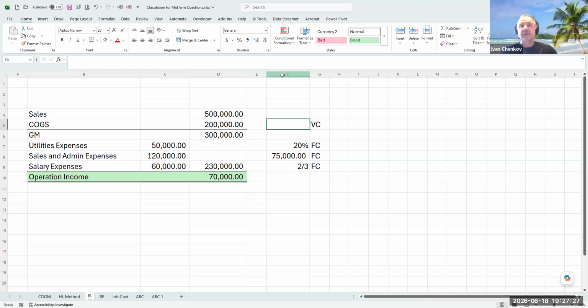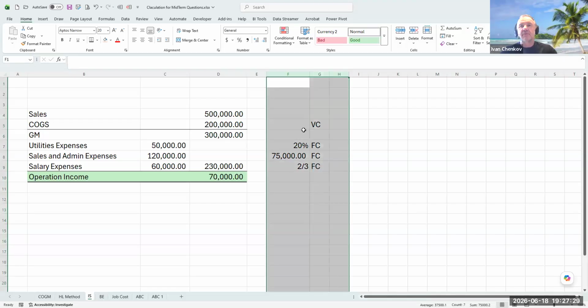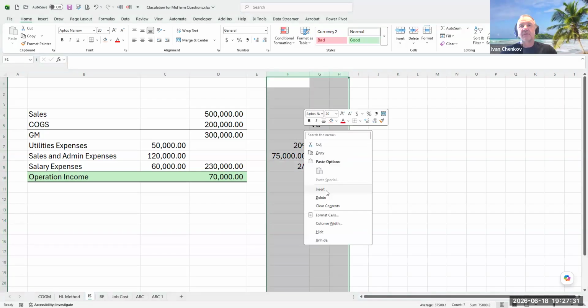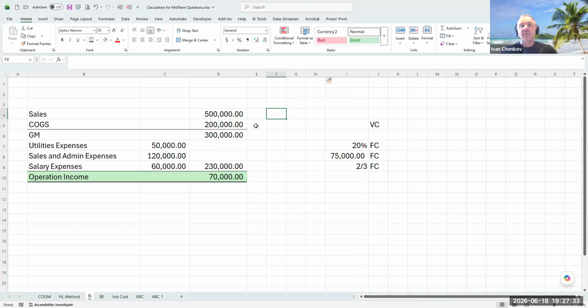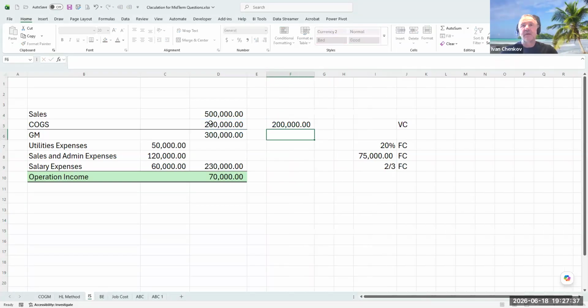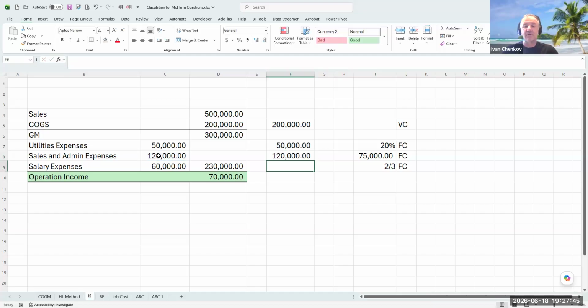So what you're gonna do is you're gonna pull out this cost of goods sold, this cost, and this cost. That's the cost that you have to play with, as you can see.